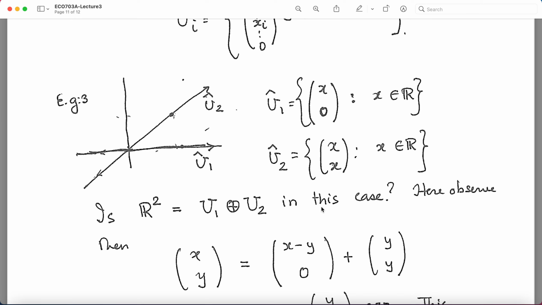Now, suppose I do not take the x axis and y axis, but I take U1 hat as my x axis and U2 hat as the line y equal to x, where all the coordinates are of the form (x, x).